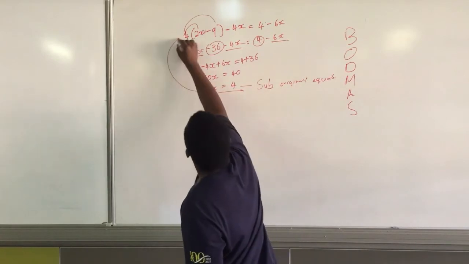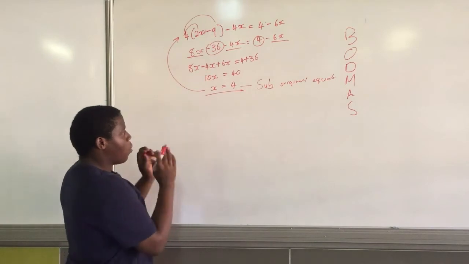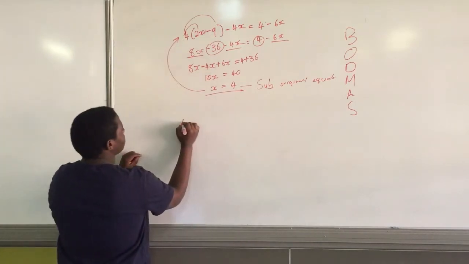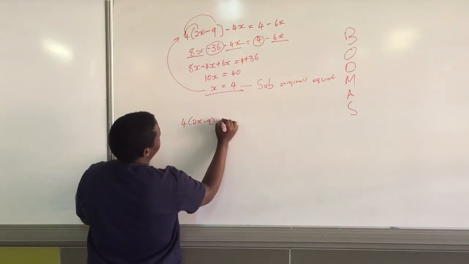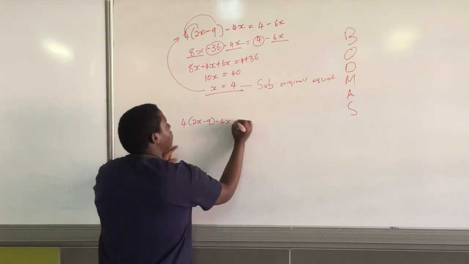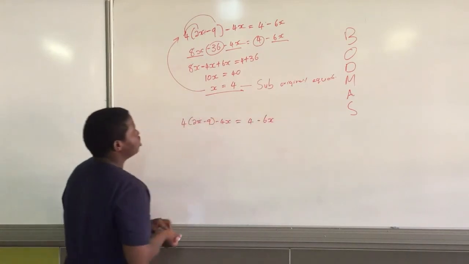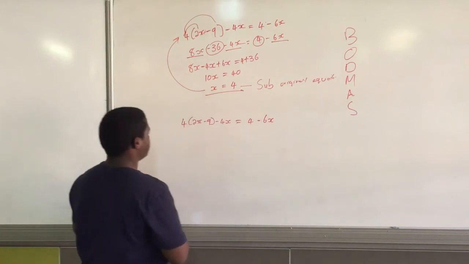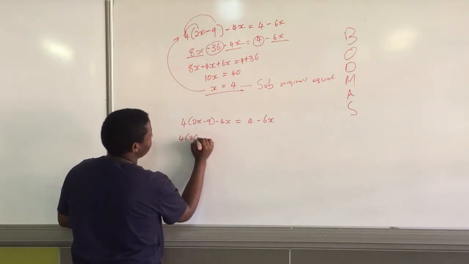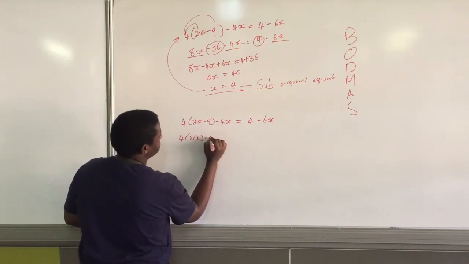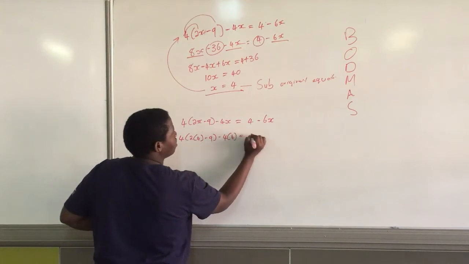If you want to check whether your answer was correct, we'll take the left side, 4 into 2x minus 9 minus 4x is equal to 4 minus 6x. So now we can substitute the 4 that we got here. 4 into 2 times 4 minus 9 is 4 into this, equals to 4.